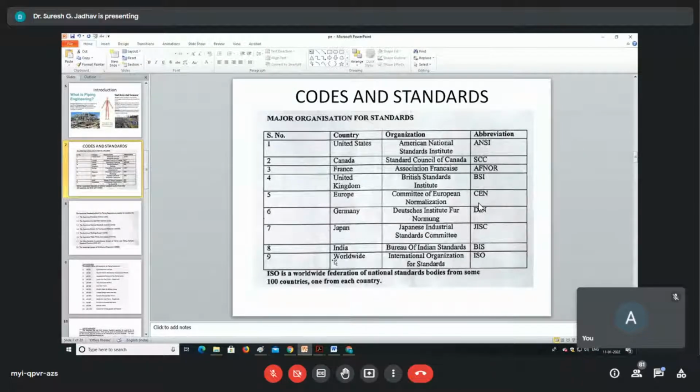A code has limited jurisdiction defined by the code. With the help of codes, we can identify the requirements of design, fabrication, use of materials, tests and inspections of pipes and piping systems.